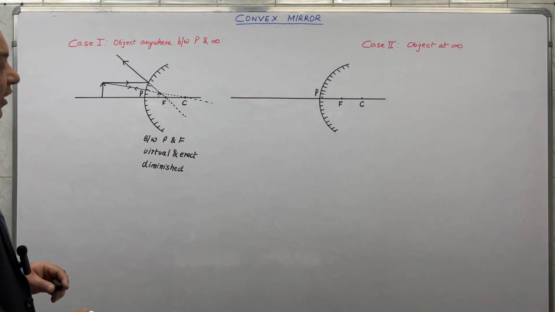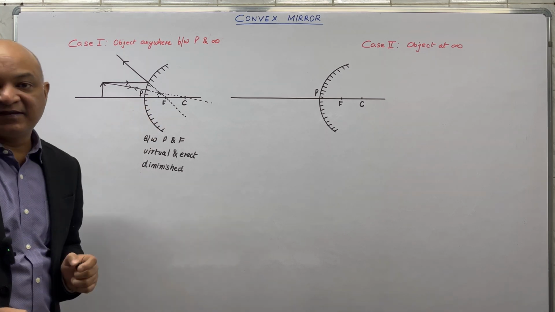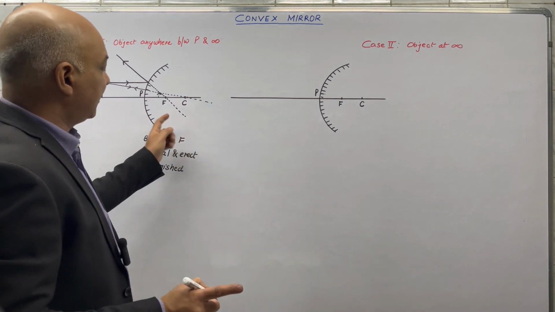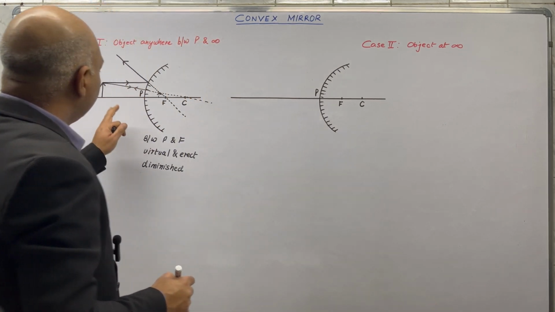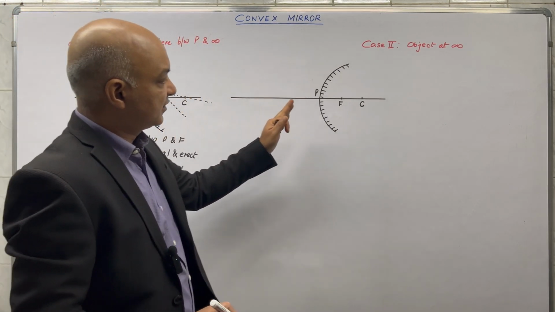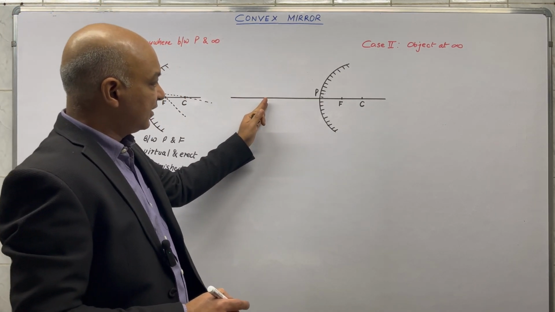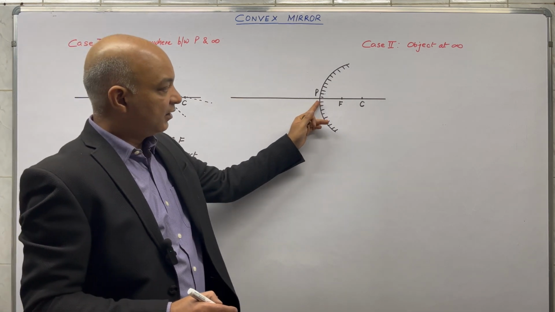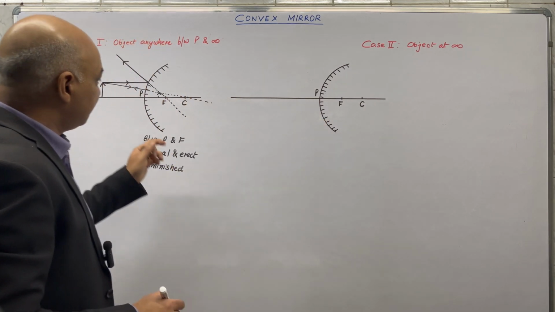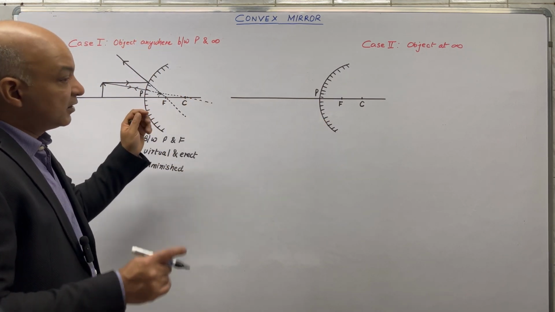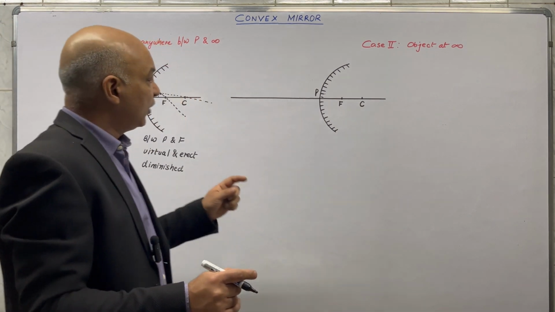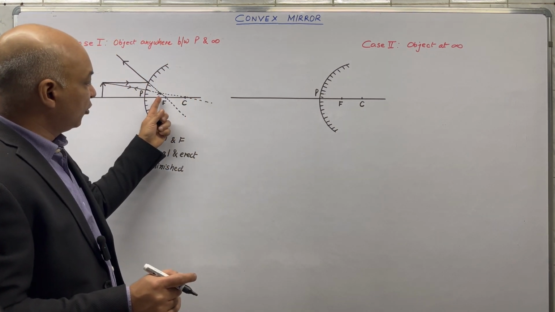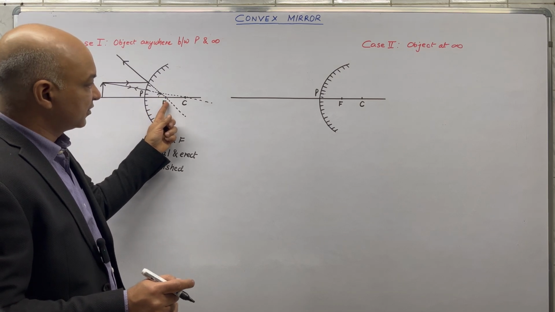Okay. Now, if I am going to generalize this particular case, by generalize I mean that if we keep moving the object farther and farther away from the mirror, then the image will become smaller and smaller in size and also will keep on coming closer and closer to the focus.